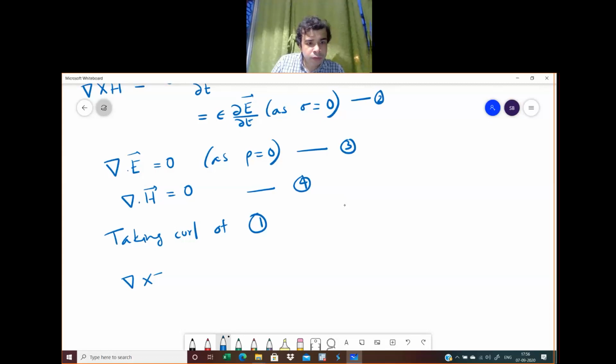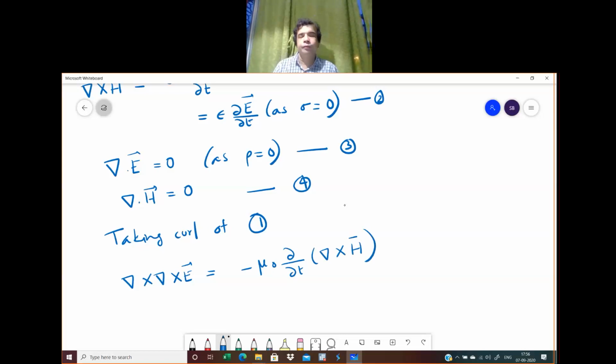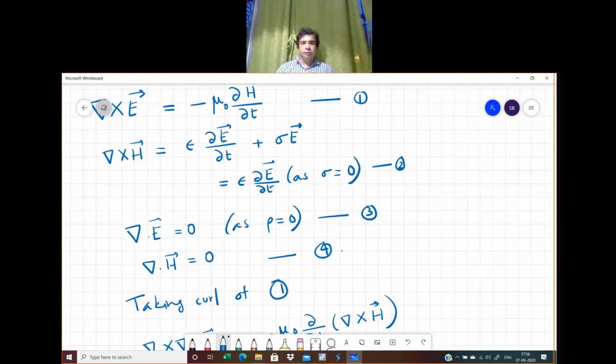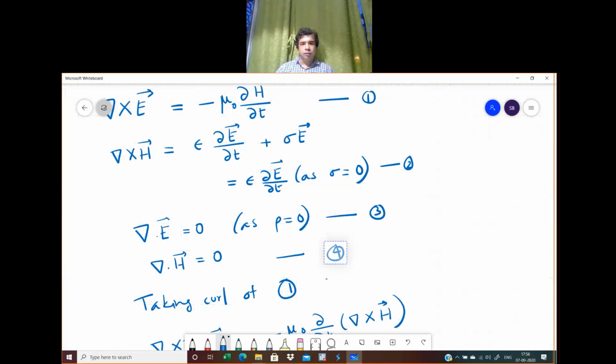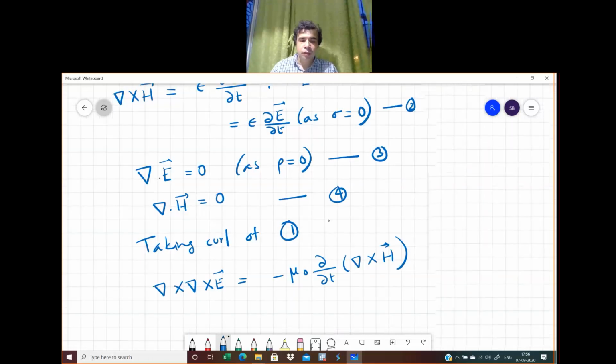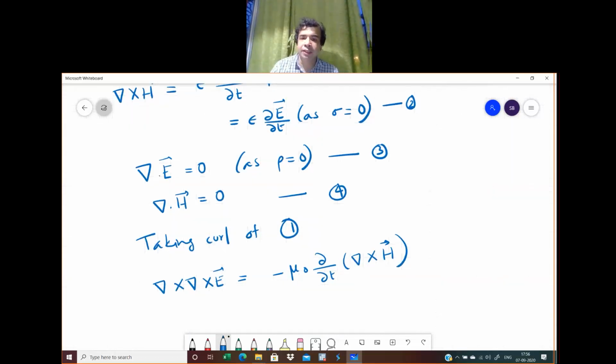Curl of curl of E is minus mu naught del del t of curl of H. Can we write this from this one? If we take curl of both sides, can we write this equation?